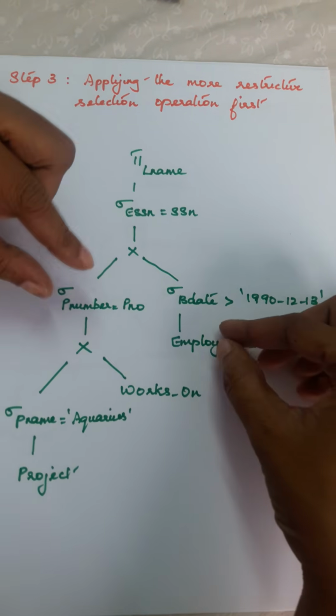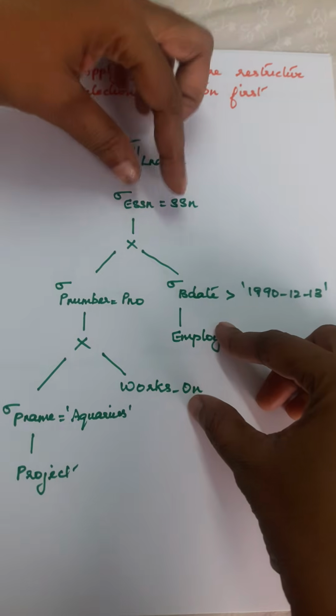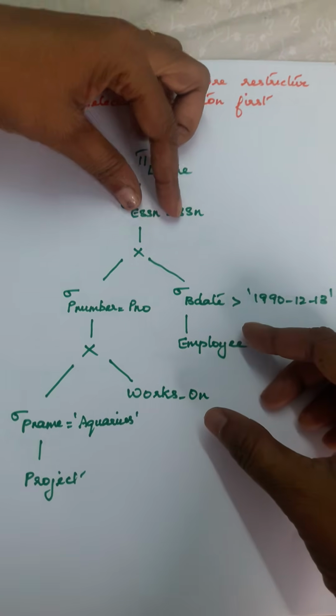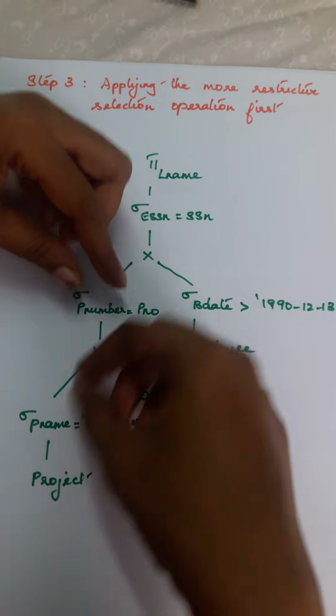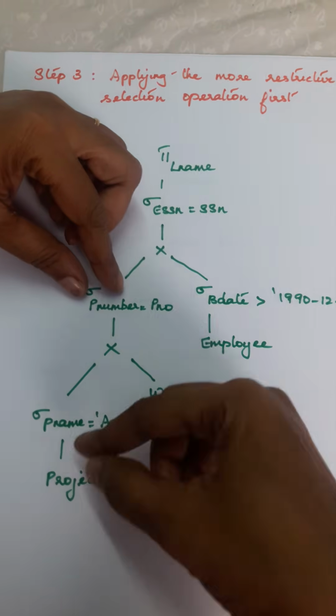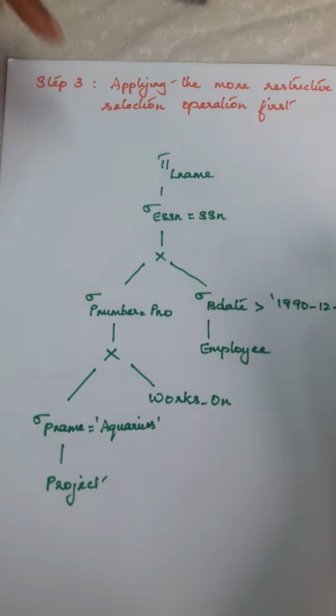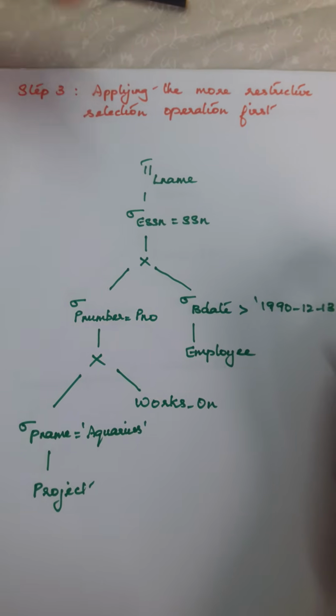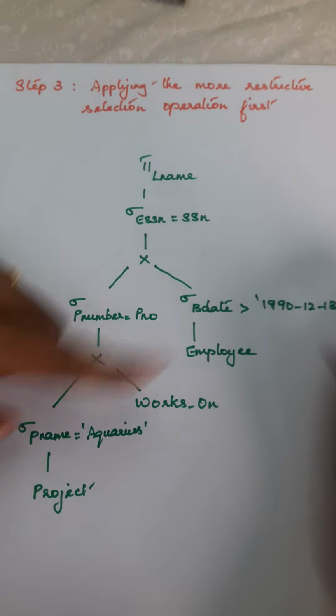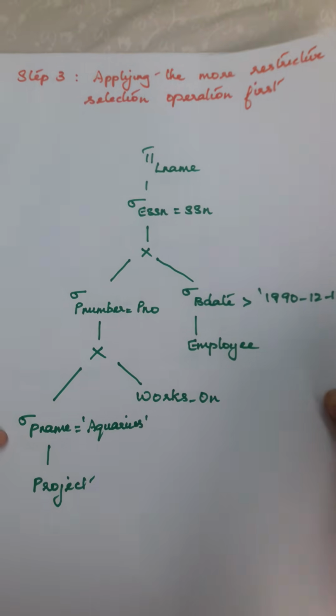So joining of employee and works on, this condition has to come here, and project has come here. So P number is related to project. So this sigma condition will be shifted this side. So step 3 is basically a reordering step based on the sigma conditions, so that we get a better result.